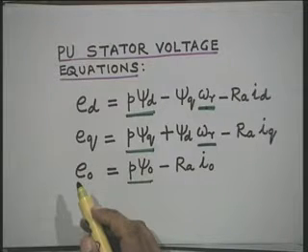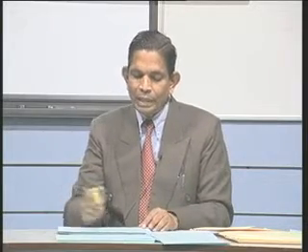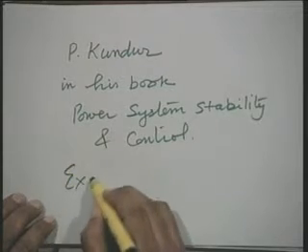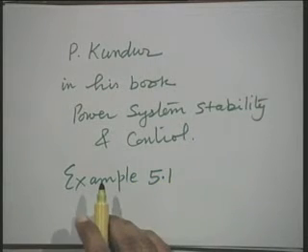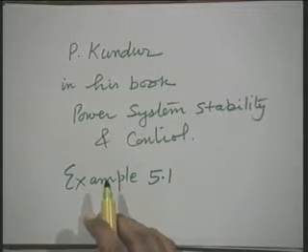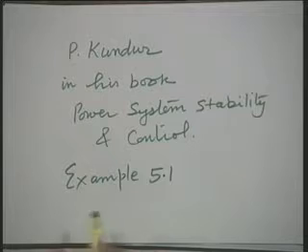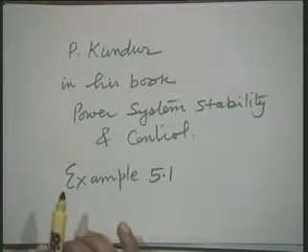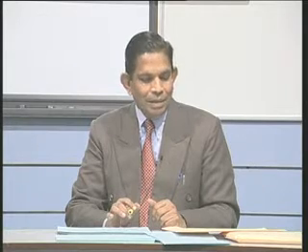Now, in the same book, Kundur in his example 5.1 has established, considering small perturbations, that the effect of neglecting the speed variation counterbalances the effect of neglecting the stator circuit transients.